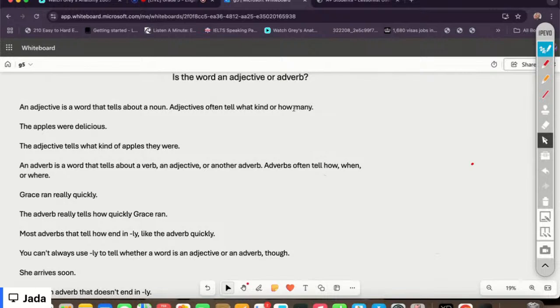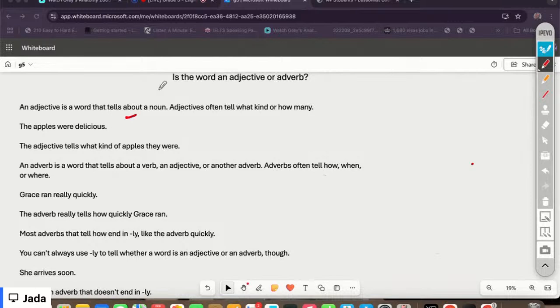Okay. All right. So we have adjective and we will say what is an adjective. So what's an adjective? An adjective is a word that tells about a noun. An adjective often tells what kind or how many.